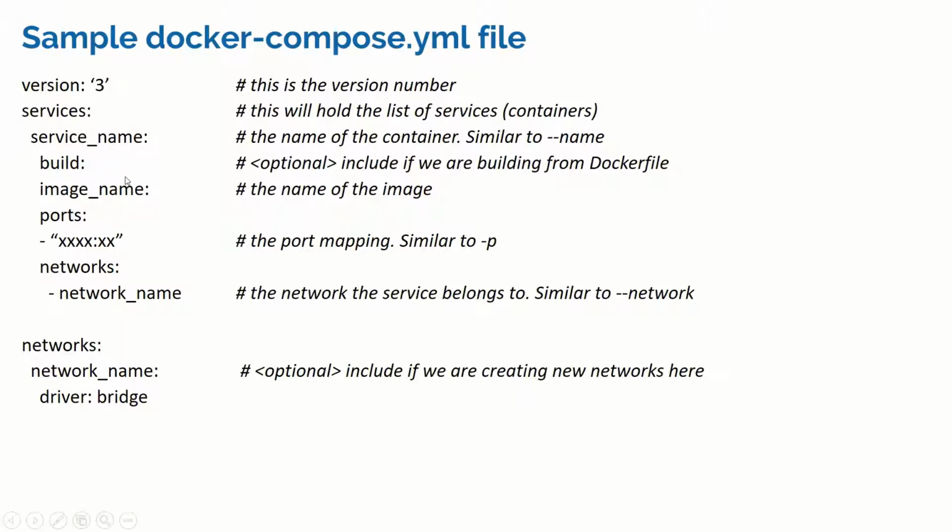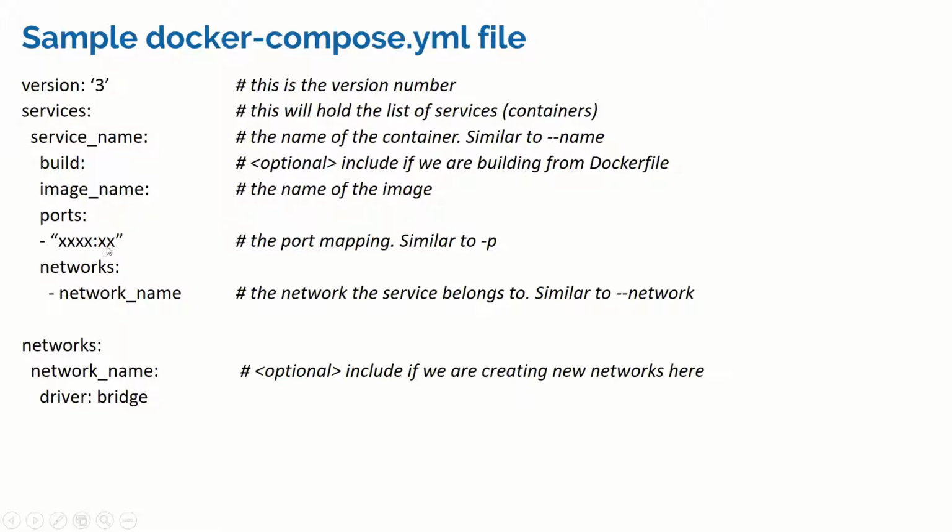It will be the path of where your Dockerfile resides. If you are building something from a predefined image, then naturally you wouldn't need this. But if you are building this from a Dockerfile, then you will need to put something there. You have the image name, which is the name of the image if you are downloading it from Docker Hub.